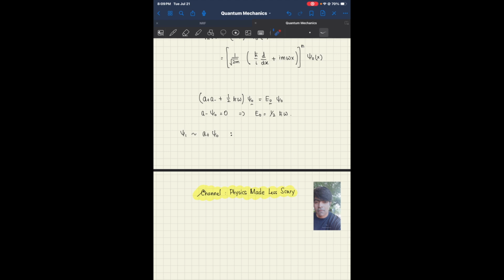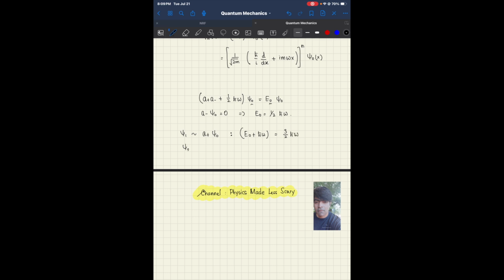So your psi 0 has this eigenvalue, from this equation, which means your psi 1 will have eigenvalue E0 plus h cross omega, which is 3 by 2 h cross omega.